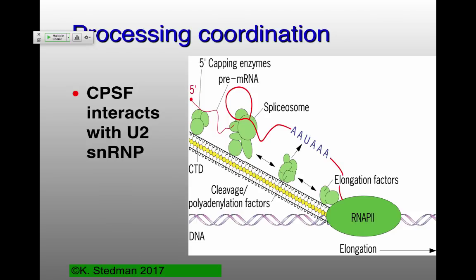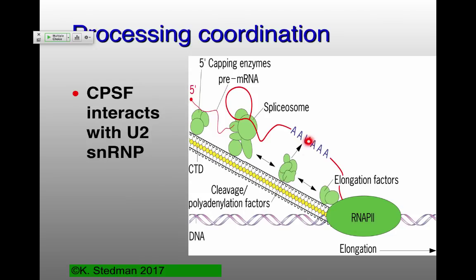Okay, so I guess kind of a good lead-in, thank you, to this process where you have the RNA polymerase making this RNA. As it's being made, that RNA, in red here, is going to get capped by all the capping enzymes associated with the tail, the spliceosome, a lot of the proteins here are associated with its tail, and the cleavage and polyadenylation factors are associated with the tail.